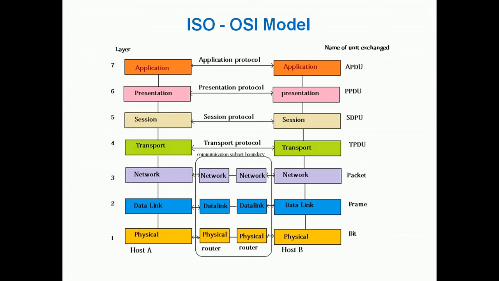It is the responsibility of the physical layer how that message should be transferred through the communication medium. The communication medium could be any wired medium or any wireless medium.